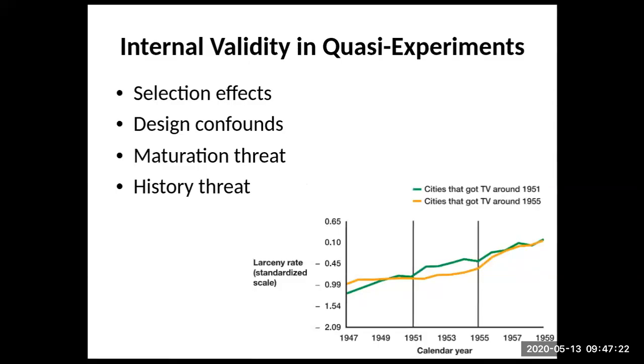We can see that quasi-experiments are treated a lot like regular experimental designs, except for the fact that we cannot randomly assign. But basically everything else is the same. So we try to treat them the same.